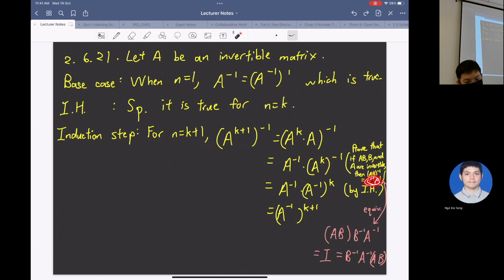You swap the order and then put inverses. To check this is just like how you check the inverse of the 2x2 matrix. You multiply on the left, multiply on the right, and show that it's the identity.